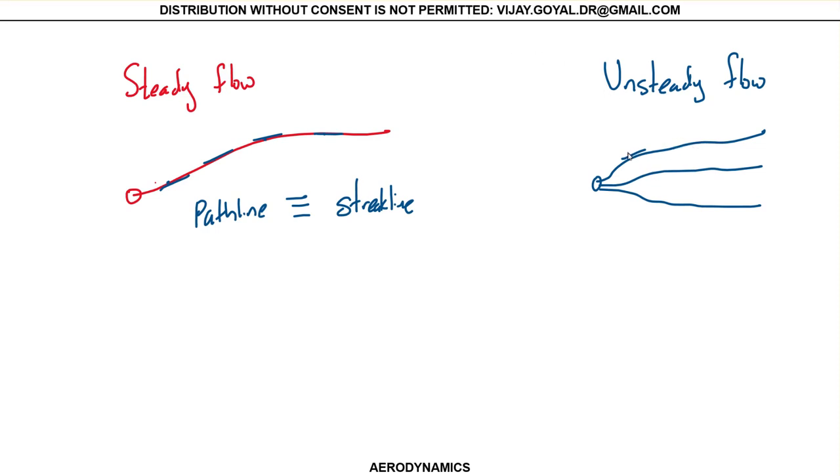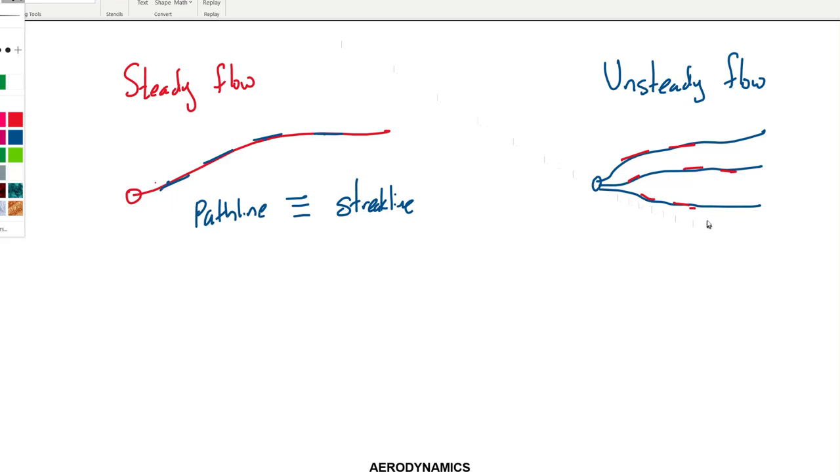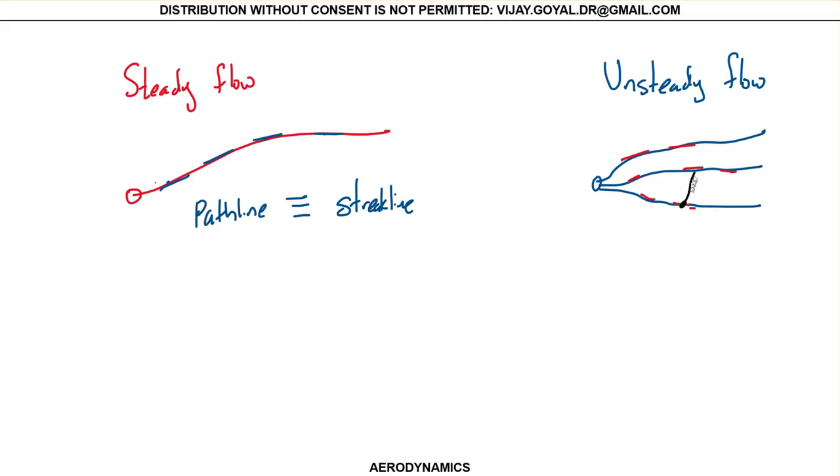Every path line is going to have its own tangential value. They don't have to follow the same value. And that's why when you draw this and the streak lines, as you can see, streak lines are not necessarily equal to the path line. Okay.